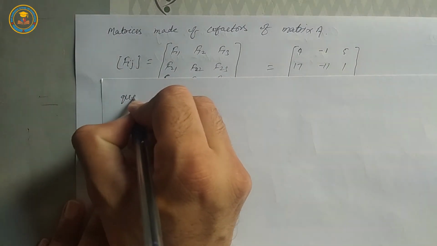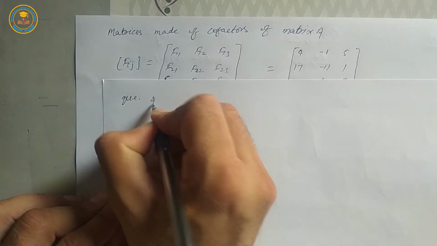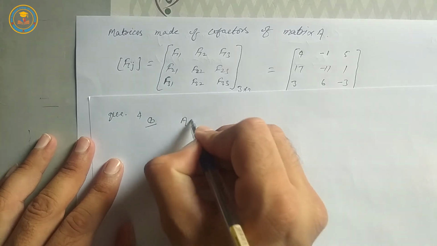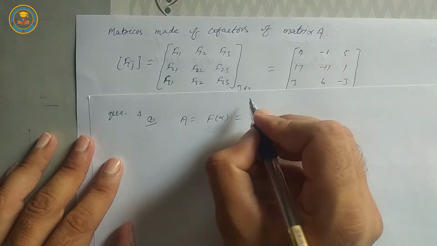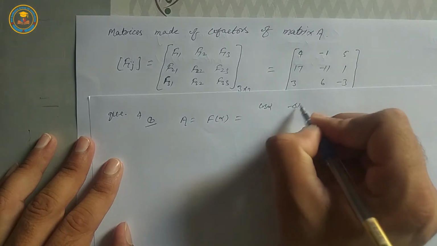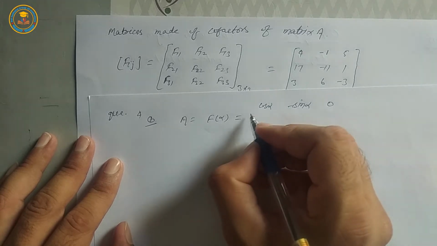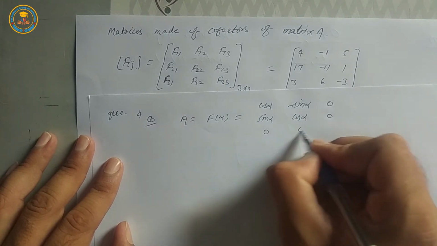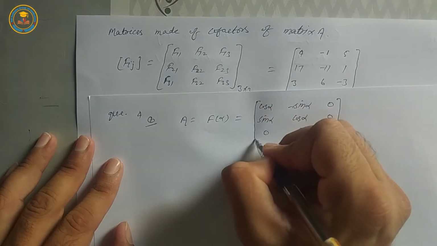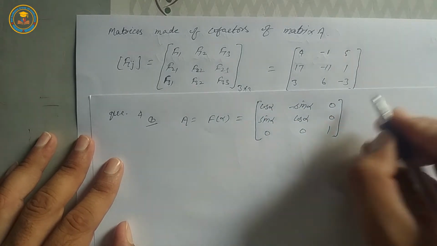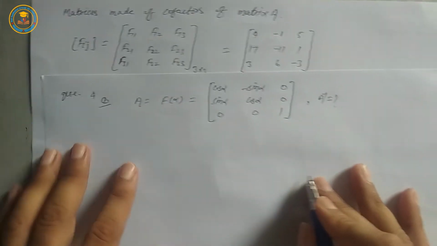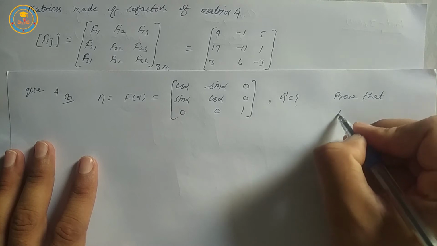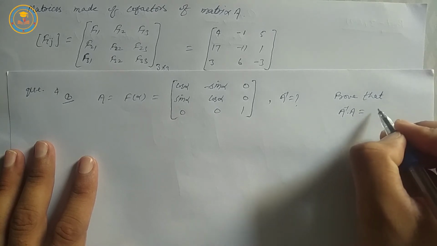Question number 4, first part. If matrix A equals F alpha, which is equal to cos alpha, minus sin alpha, 0; sin alpha, cos alpha, 0; 0, 0, 1, then find A inverse and prove that A inverse into A is equal to I3.